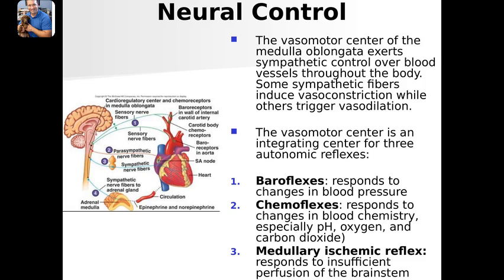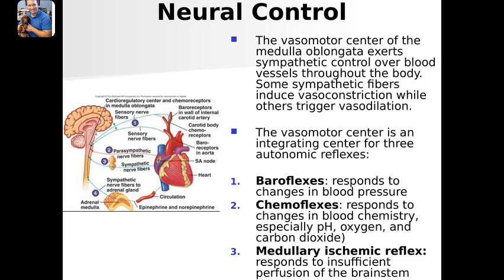Chemoreflexes are these other functions of the circulatory system where there are structures in there that will test the blood, its chemical composition, how much oxygen, how much CO2, electrolytes, pH, all the content, the chemical composition of the blood flowing through a vessel.